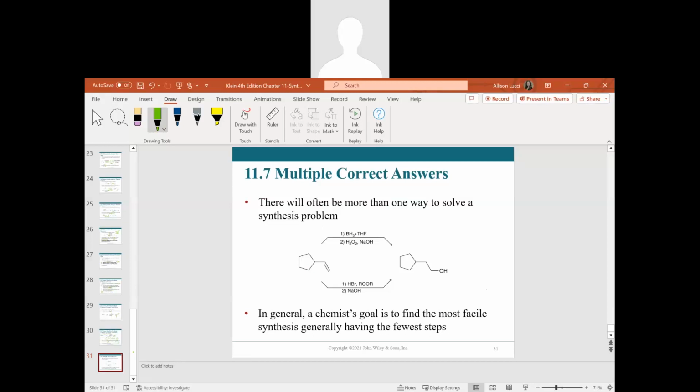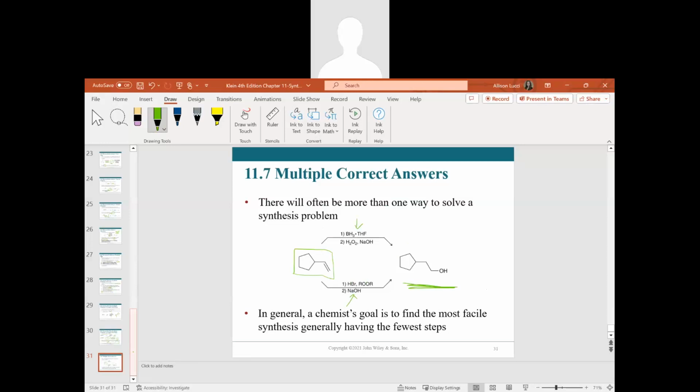For example, we see this cyclic structure with an alkene side group here. We could use borane and THF and then hydrogen peroxide in basic conditions and produce this alcohol here. Or we could do an anti-Markovnikov addition specifically, and then in a second step, use sodium hydroxide, and we would end up with the same product.